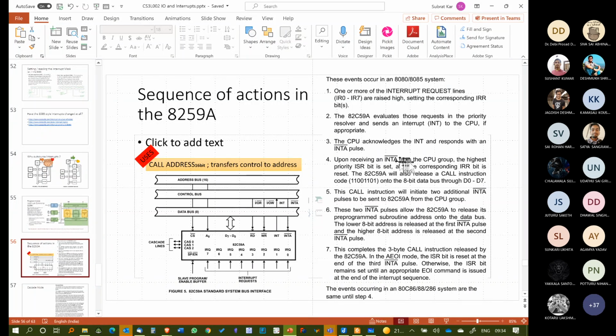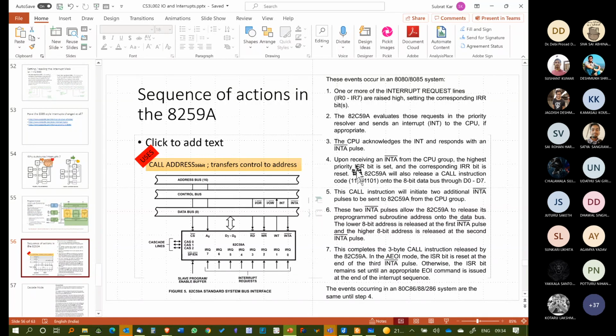After receiving an interrupt acknowledge low, the highest priority interrupt service register bit is set and the corresponding interrupt request register bit is reset. Reset means I'll now accept an interrupt from that input again, but I'm currently doing this ISR. So suppose I get an interrupt on 1, I will set the bit 1 on ISR to 1.